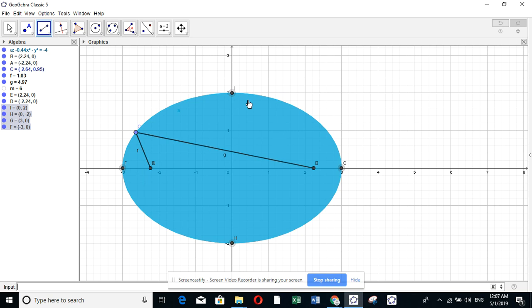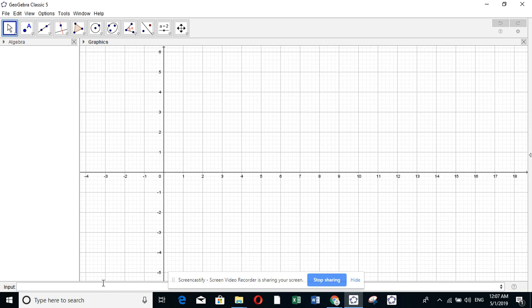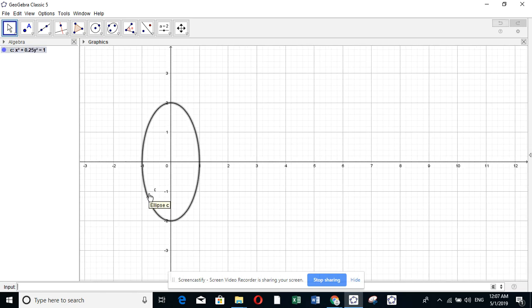As you can see, when it's horizontal, it has the major axis parallel to the x-axis and the minor axis parallel to the y-axis. And if you want an example of a vertical ellipse, let us take one. So this is an ellipse which is vertical.